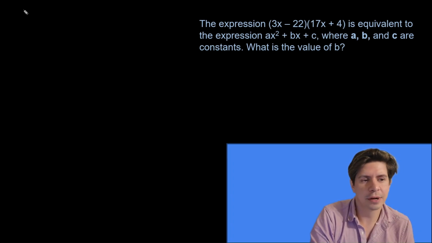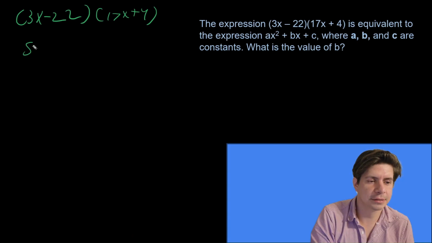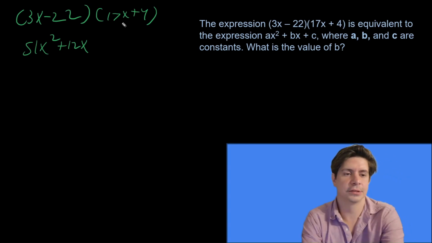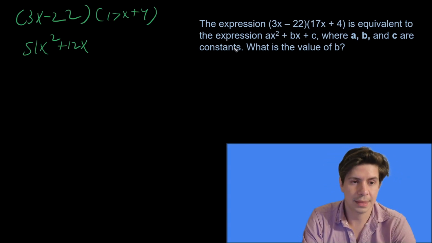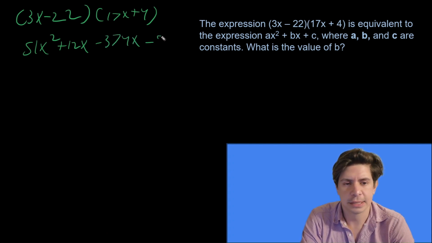Okay, so I'm going to rewrite it here. 3x times 17x is going to be 51x squared. 3x times 4 is going to be 12x. Negative 22 times 17 is going to be negative 374x, minus 88.